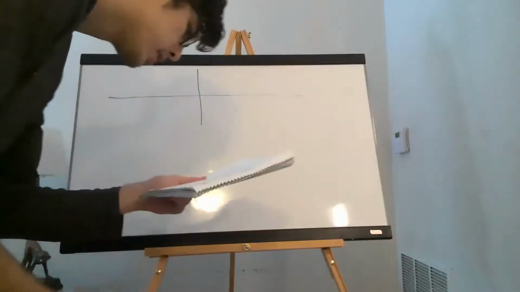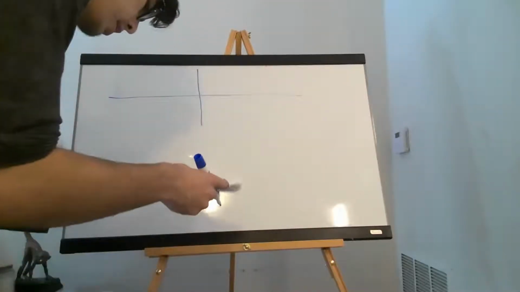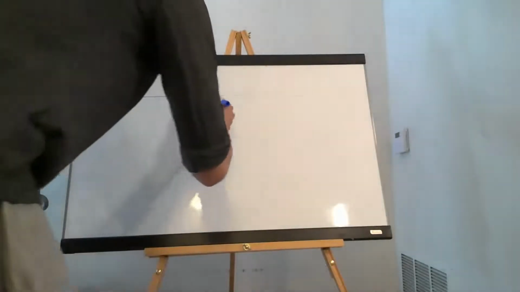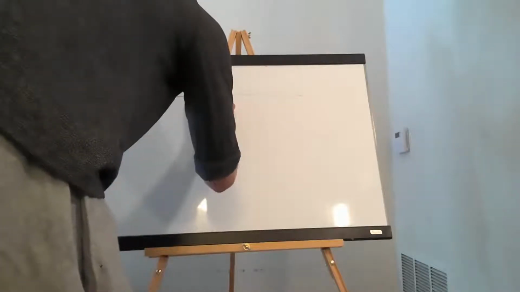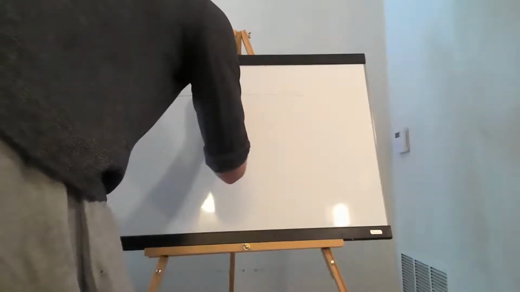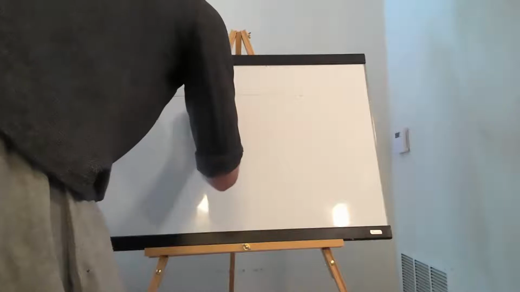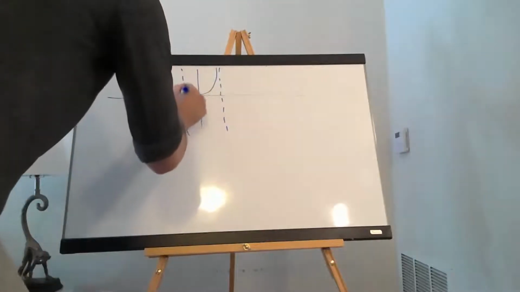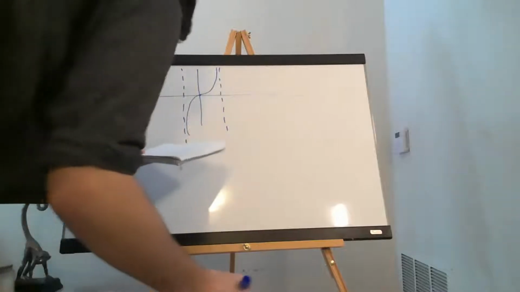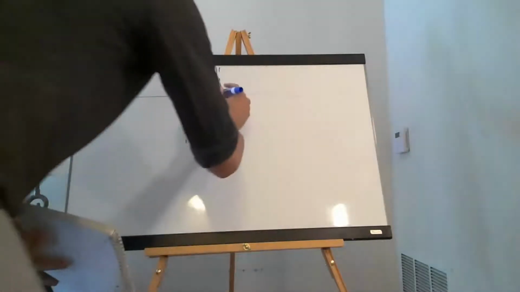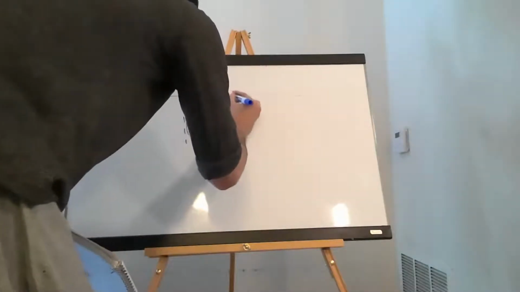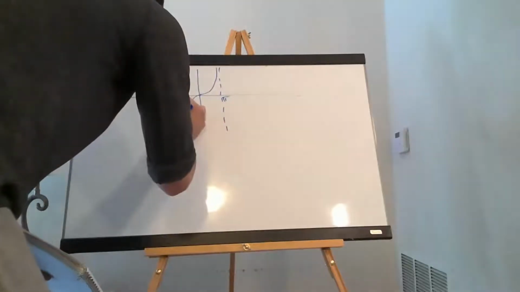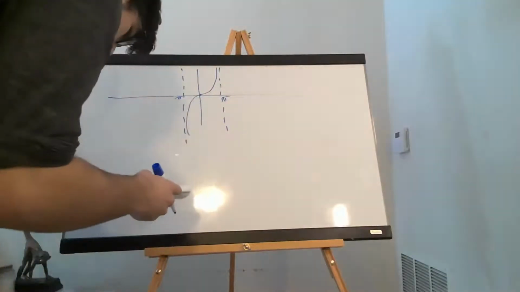All right, so let's take, for example, a tangent graph. We know that tan at 0 is 0. The tangent graph is going to look like this, these S shapes right here. Each period is going to be pi. So this is pi here, this is negative pi.